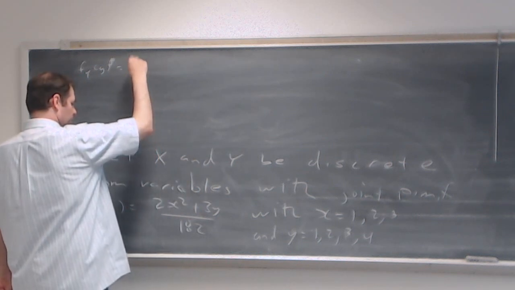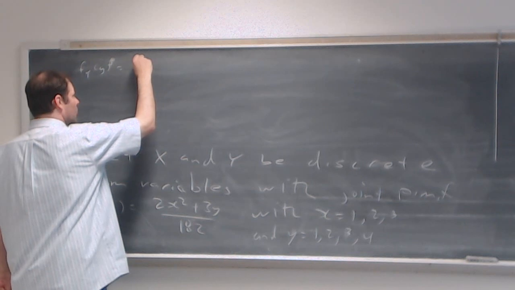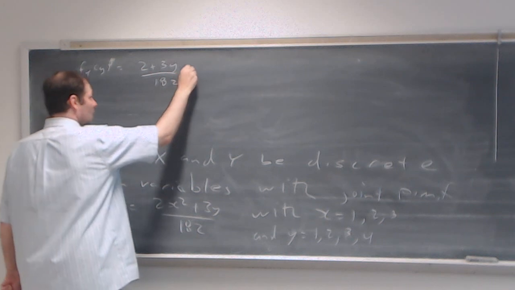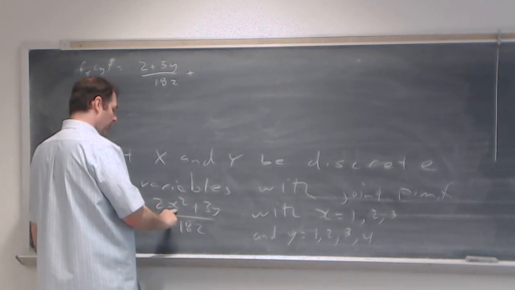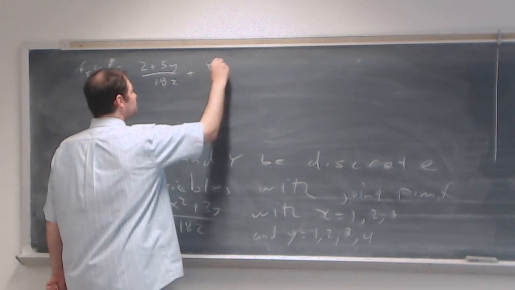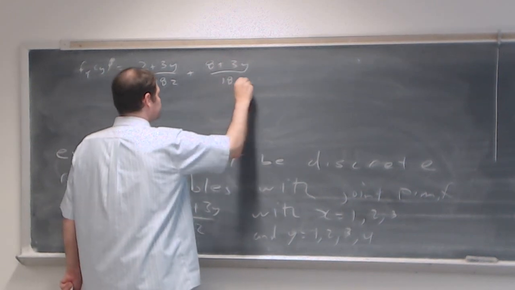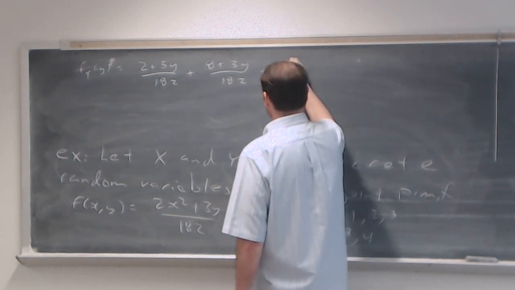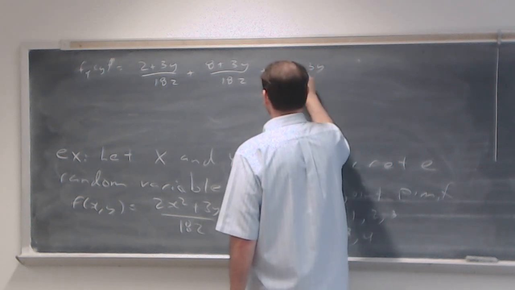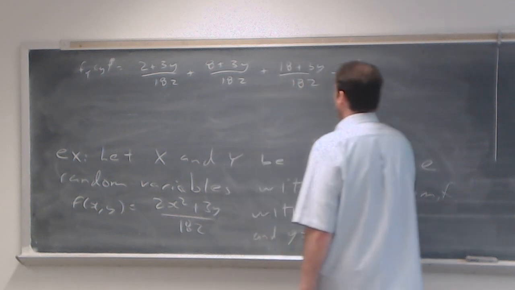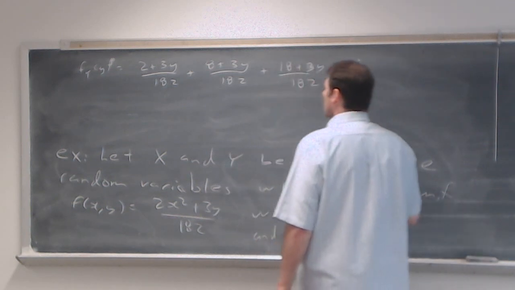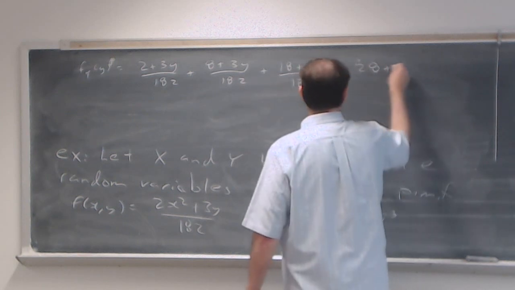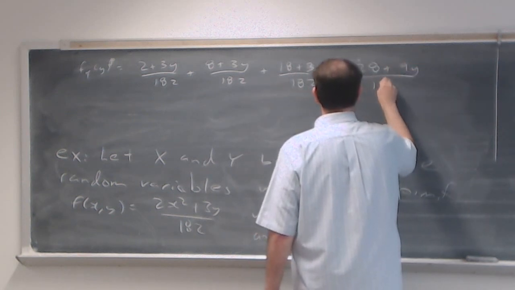When x is 1, we get 1 squared, that's 1, times 2, that's 2, plus 3y over 182, plus when x is 2, we get 4, 8 plus 3y over 182, plus when x is 3, we get 9 times 2 is 18 plus 3y over 182. And so what is that equal to? Well, it's 28 plus 9y over 182.